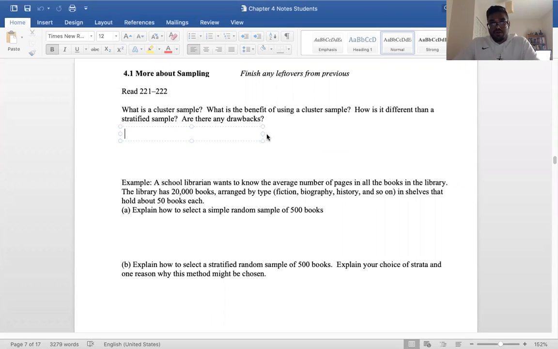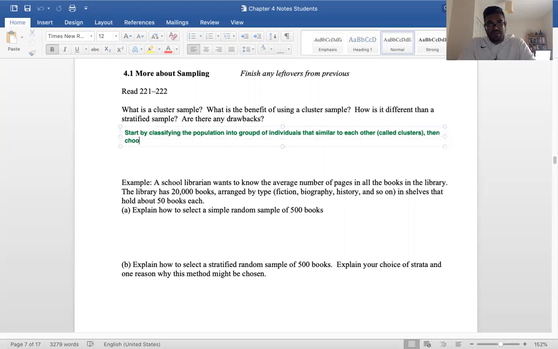So you start by classifying the population into groups of individuals that are similar to each other. So very similar to strata, which is why, again, the vocabulary is going to be hard. But then the way you apply this is then you choose an SRS of the clusters.